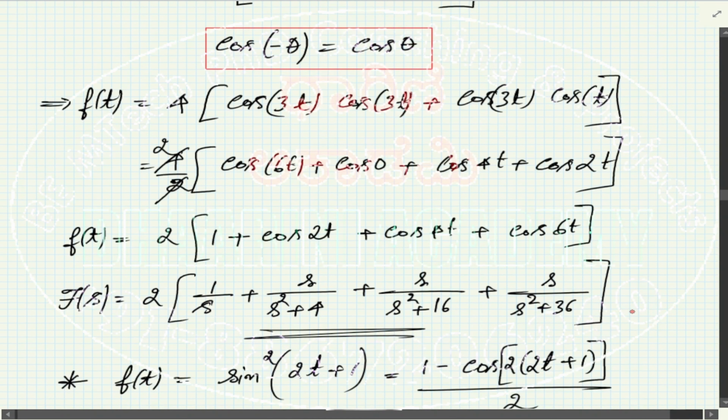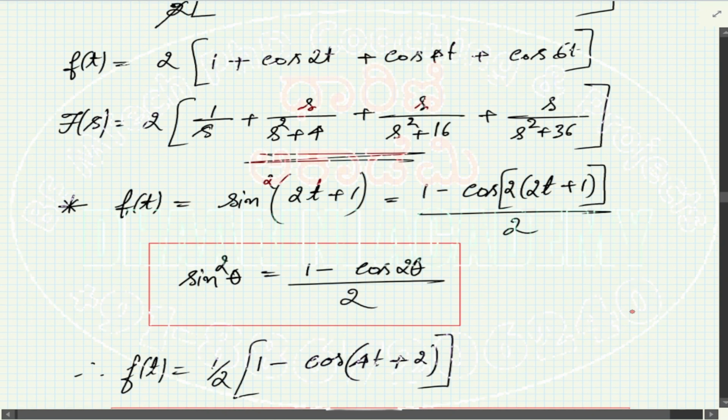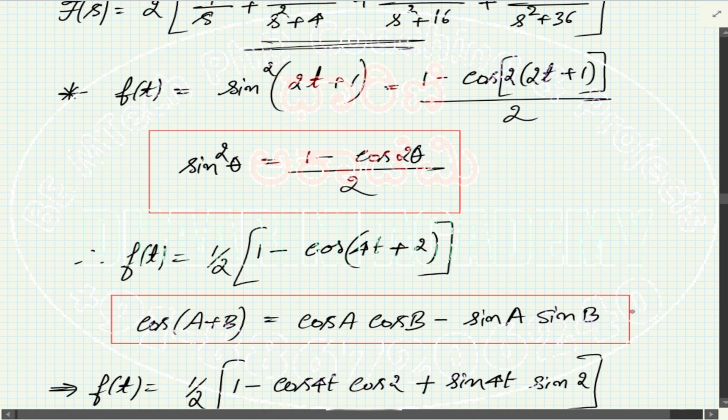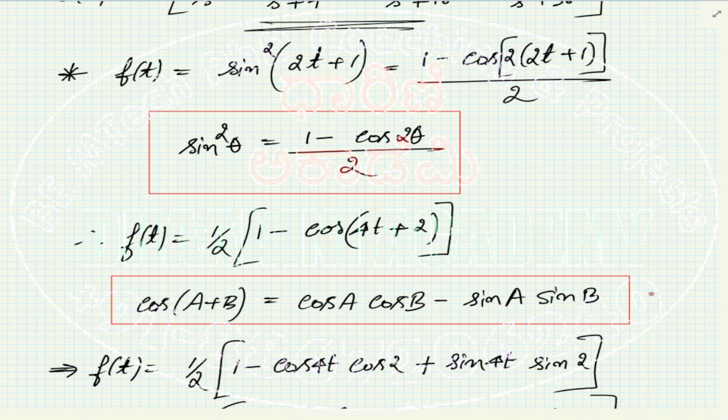Okay. We get the standard format and we can substitute. Question is f of t is equal to sine square of 2t plus 1. I have a square term, I don't have a direct conversion, right? So I prefer to write it as 1 minus cos 2t plus 1, is it?